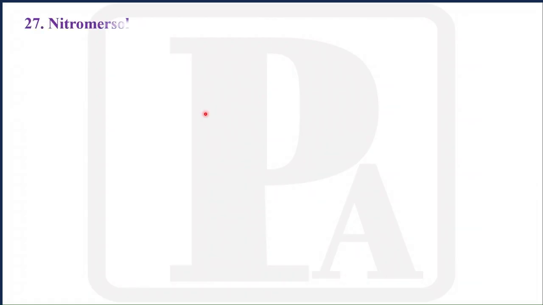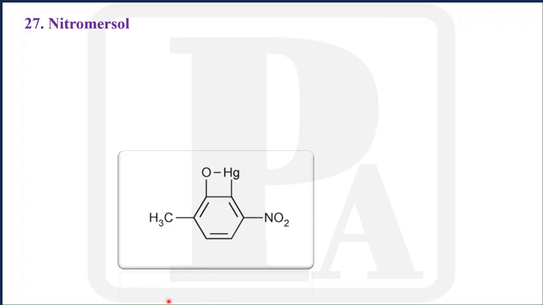So the next one is called nitromersol. Look at the structure of nitromersol. Totally we have 8 atoms here. This has 6, adding these two, we get 8. In that 8 it has 3 bonds, so triene: a total of 8 with 3 bonds, so octatriene. With 2 rings, 1 ring and 1 ring, so bicyclooctatriene.